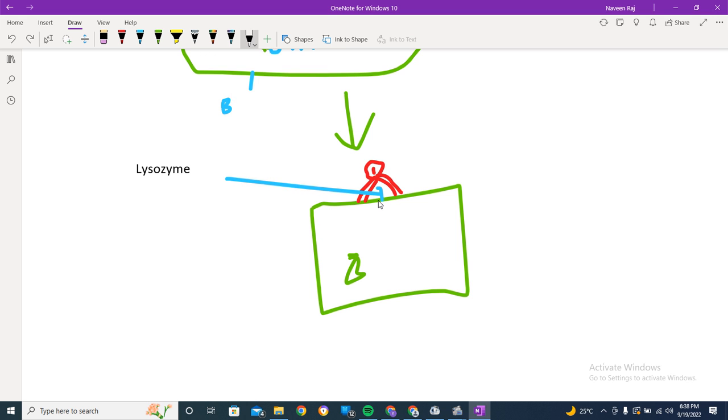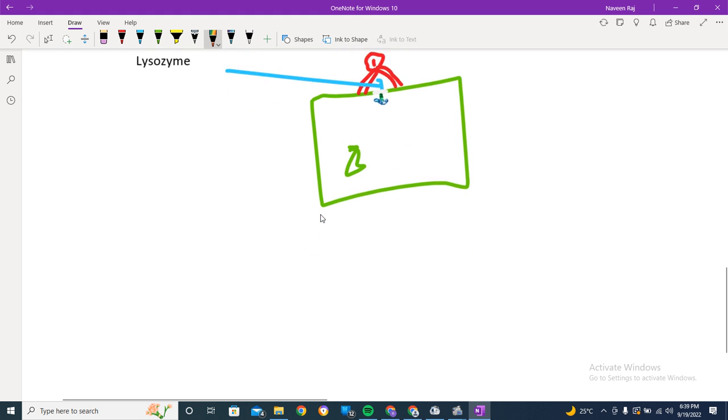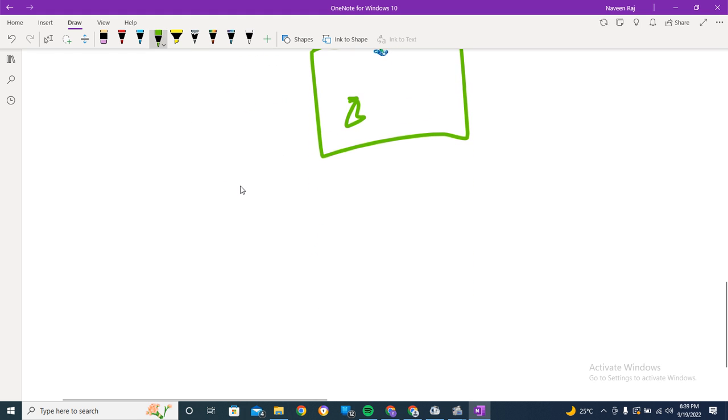This gets digested and this gets opened, and there is a way in. The virus has got a way in by penetration, and this is because of the lysozyme and the spikes that are present on the base plate. So they both perform it, and the next step which we have got is the ingestion or the insertion.